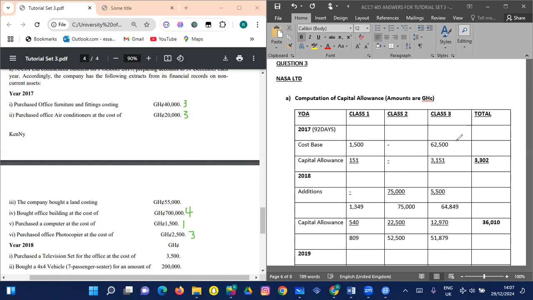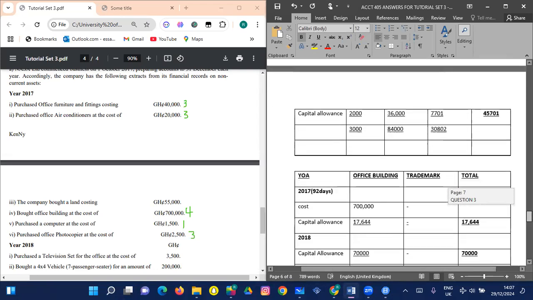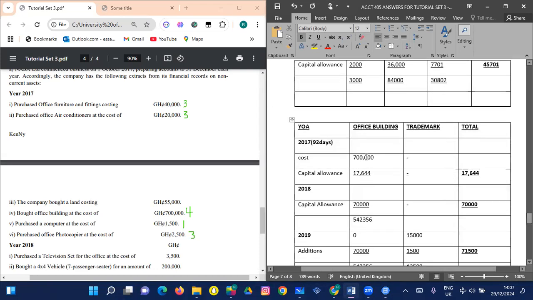Then class 3 assets is going to be 40,000 plus this 20,000 plus this 2,500, giving us 62,500. That's what we have here. Then we have the office building at a cost of 700,000. I created a different table for that one, and that's what we are having here.